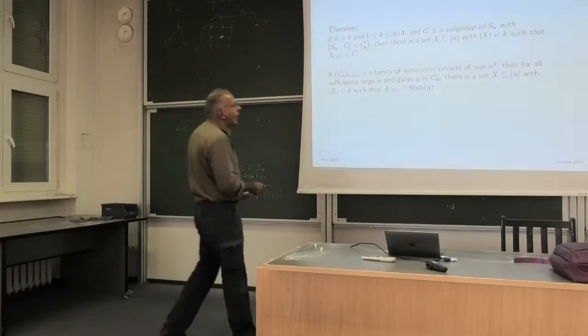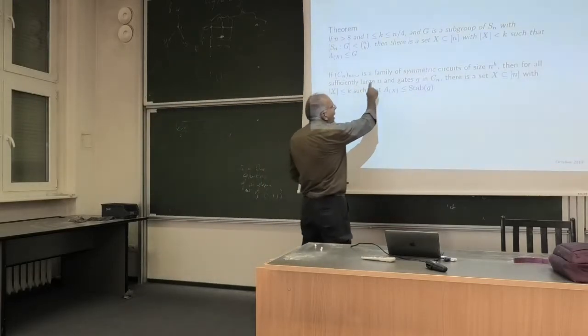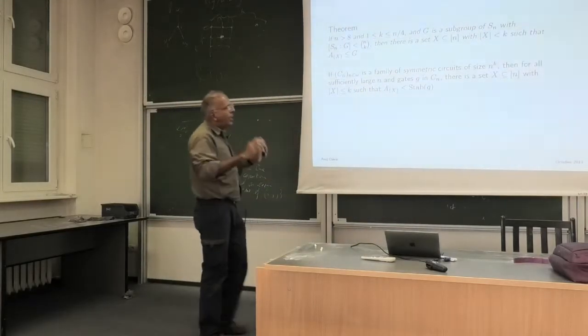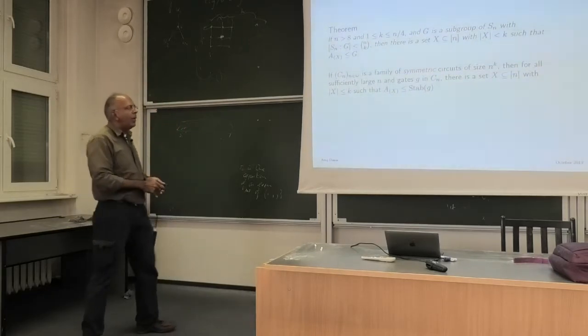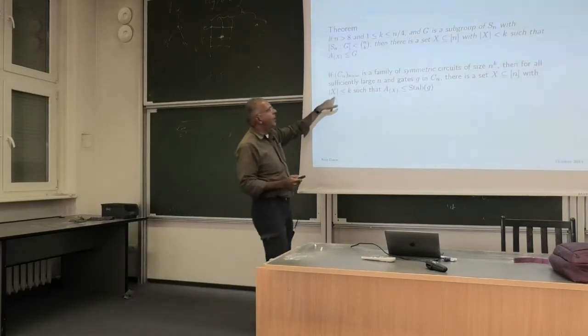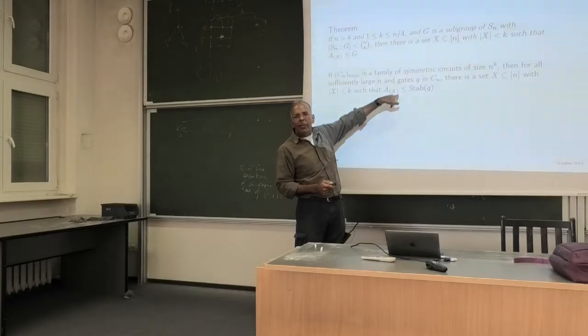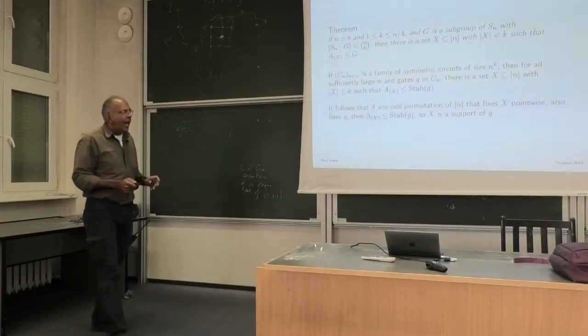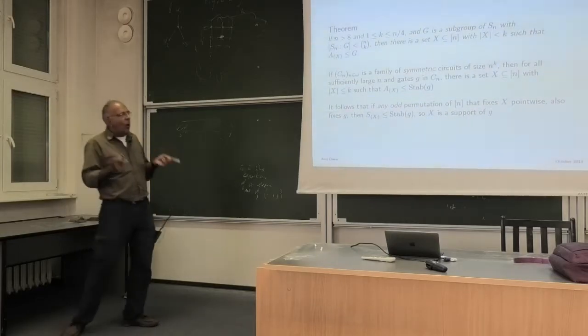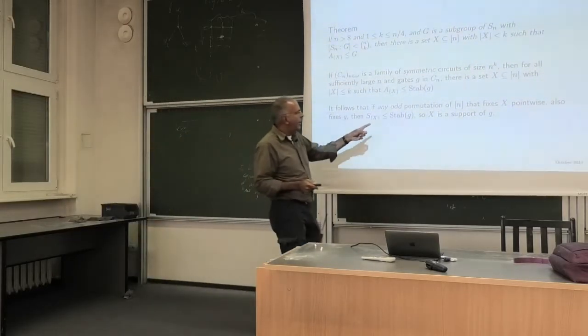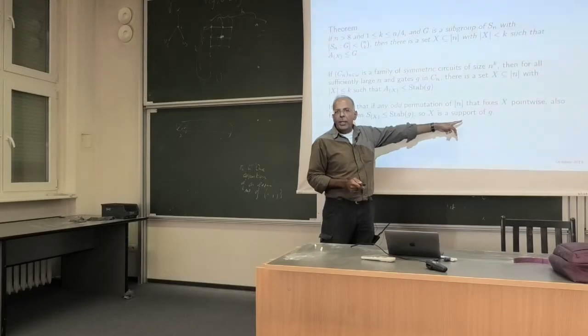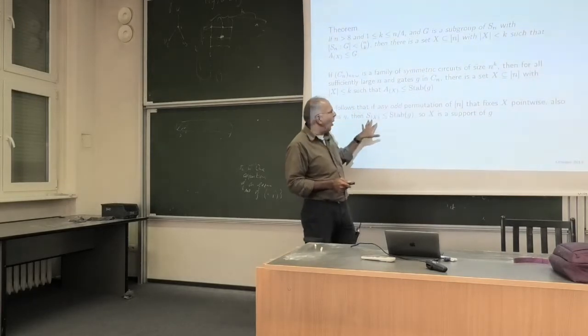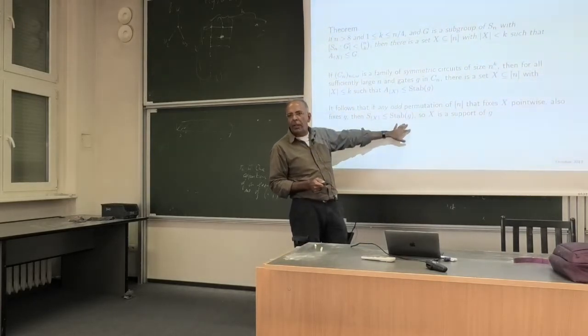So we have a circuit, and we know it's polynomial size and it's symmetric, so we know that for every gate we can find a set X such that all even permutations which fix X are in this, right? We're given this. So now if we can find any odd permutation that fixes X and also fixes G, then it follows that all permutations that fix X are in G, right?